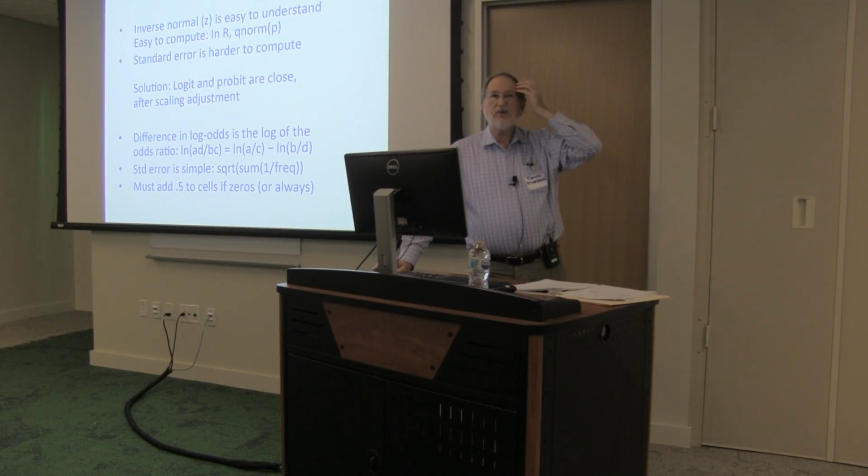So I found a solution to the problem, which is that the logit and the probit are very close to each other. For those of you who are specializing in stat, you know the logistic curve and the integrated normal are close, except their standard deviations differ.